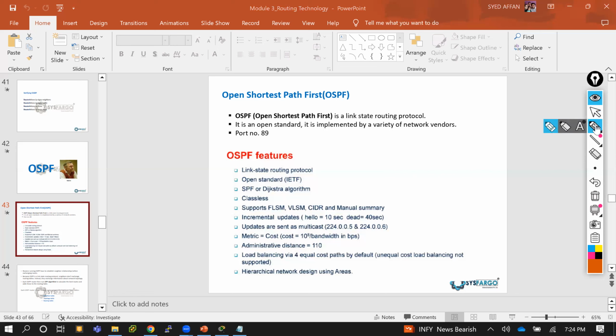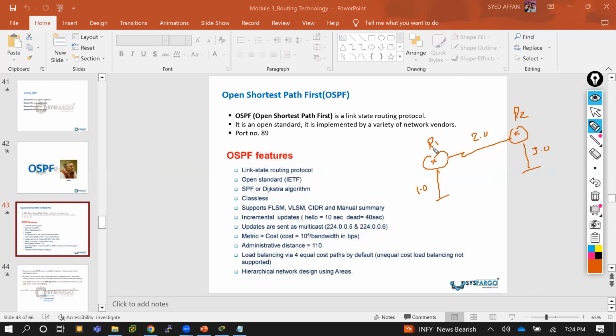For example, I have this topology. This is my router 1. It has the 1.0 network. From router 1, I connect to router 2. I have the 2.0 network between router 1 and router 2, and router 2 locally has the 3.0 network.